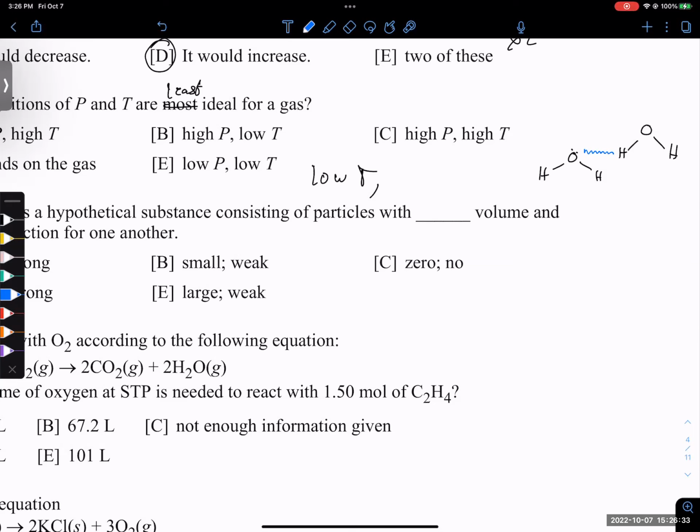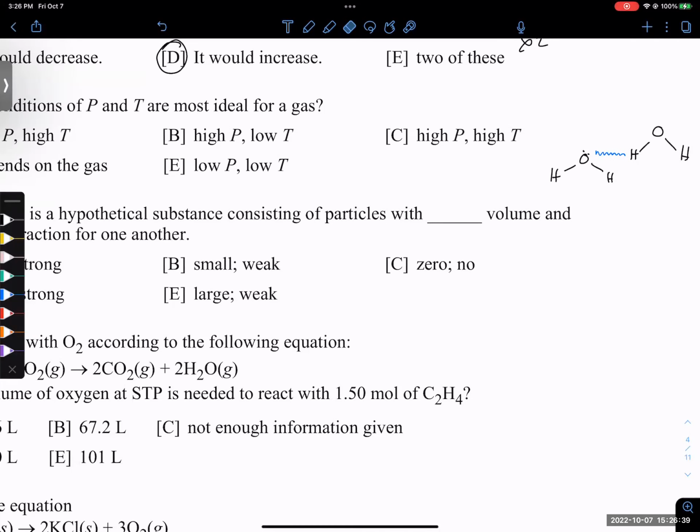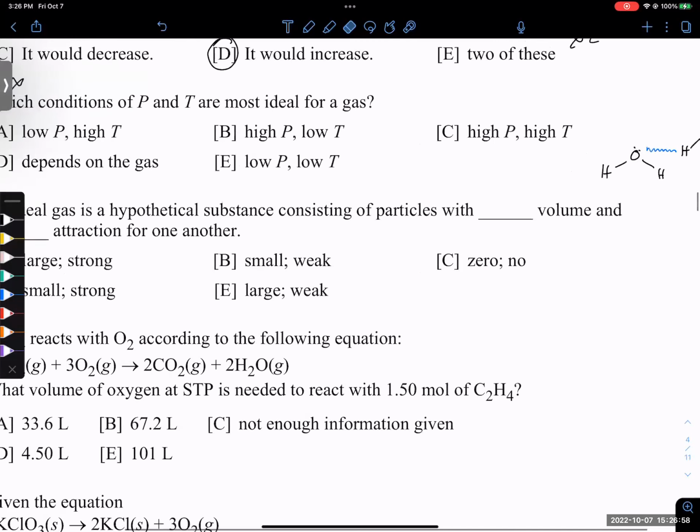Now, the most ideal conditions for a gas would be when they're moving really fast, therefore a high temperature, and when they're interacting with each other very little, so low pressure. So we're looking for an answer choice that has high temperature, low pressure, which is A.